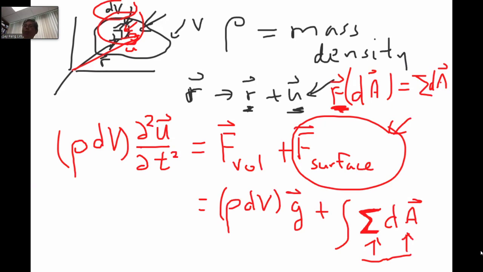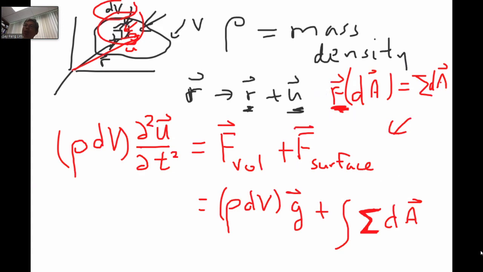All right, so okay, we are going to try to make sense of how you would do this. You're doing an integral over the whole box, right? The surfaces of the box. So that's what this quantity here represents.